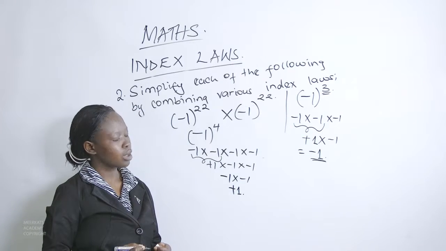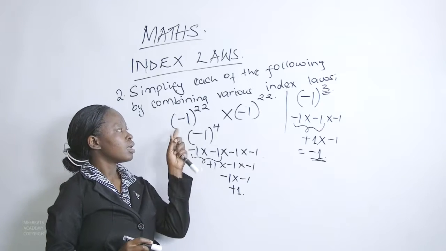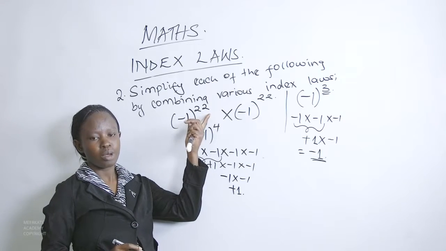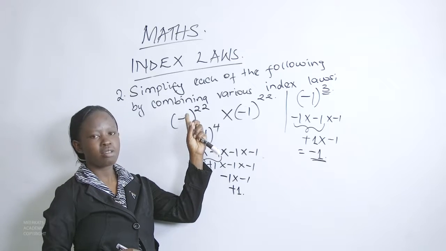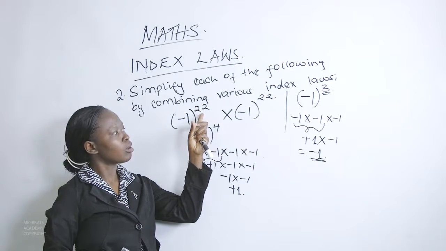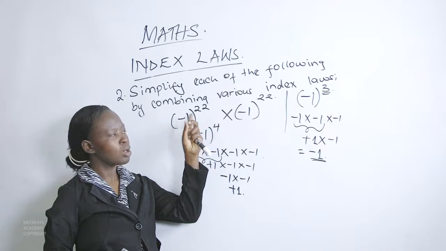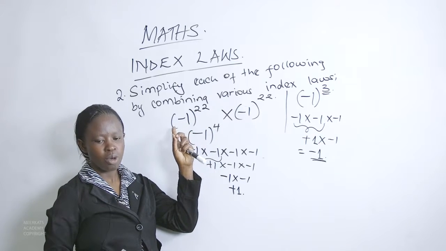So that is why we conclude that negative 1 raised to an odd number gives us negative 1, but negative 1 raised to an even number gives us positive 1.